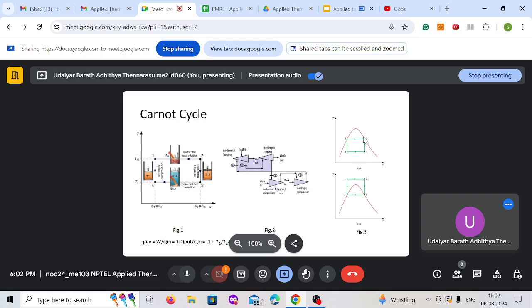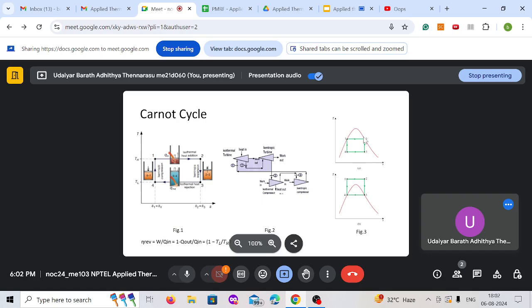This is just another way of showing it using turbines: an isothermal turbine, then an isentropic turbine, then an isothermal compressor, and then an isentropic compressor. Normally an isentropic process is a reversible adiabatic process.